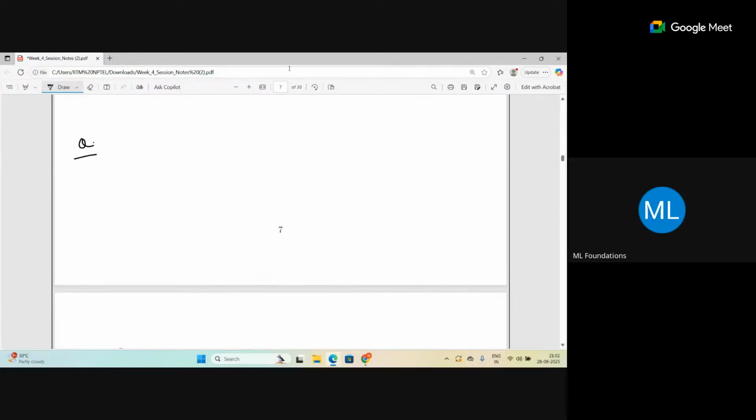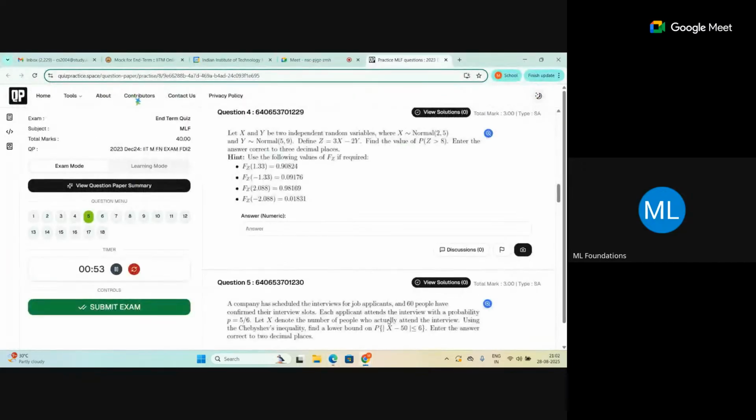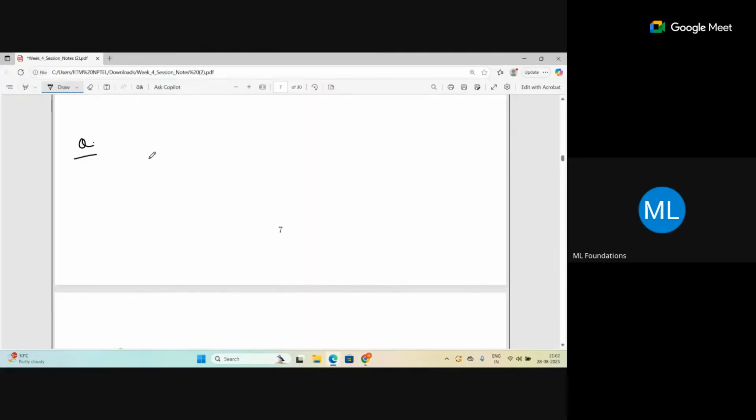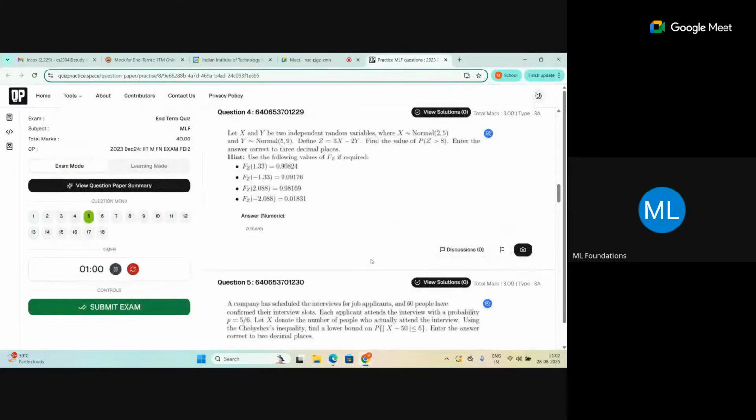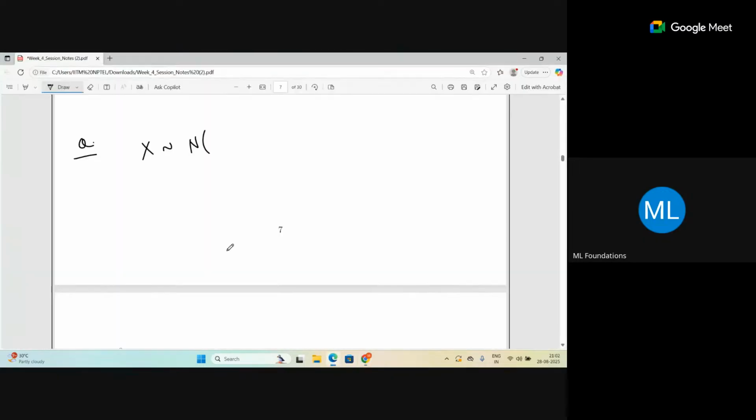From what is given, x is normally distributed with mean 2 and variance 5, and y is normally distributed with mean 5 and variance 9. I'm not going too fast, right?